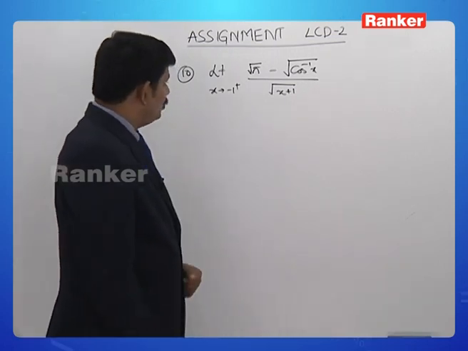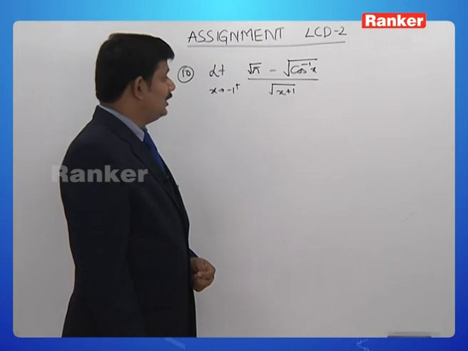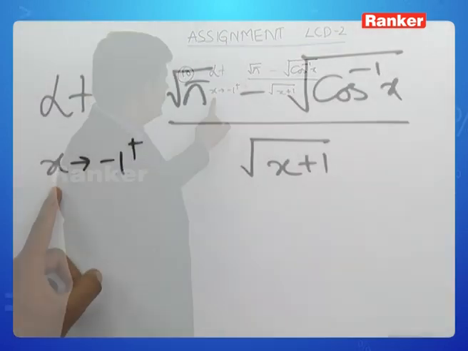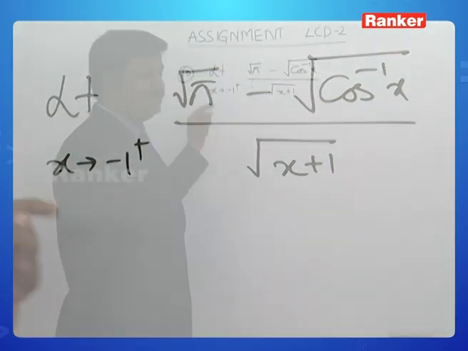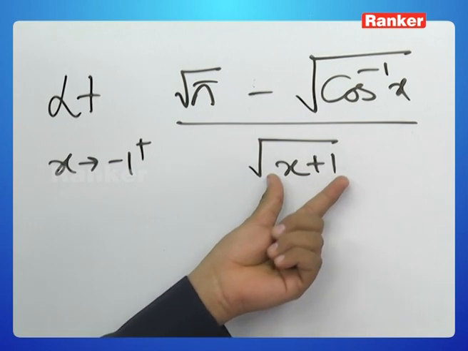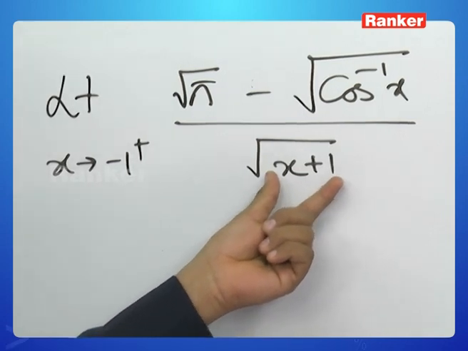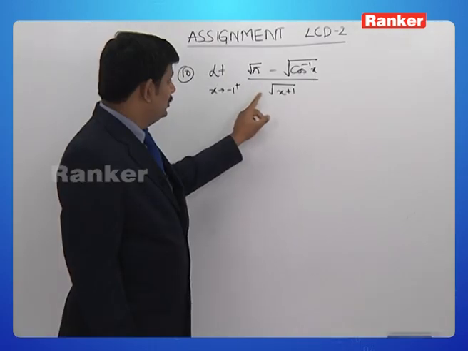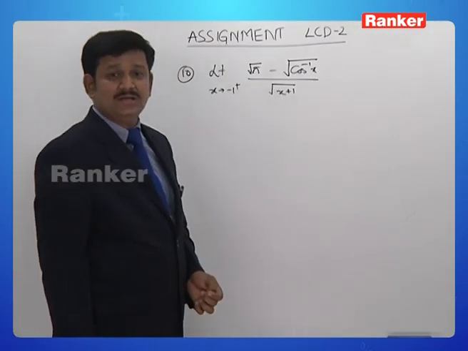Again, to evaluate this limit, we can approach in numerous ways. Before that, let us understand what this limit is all about. As x tends to minus 1 plus, x plus 1 would be 0 and x is slightly greater than minus 1. So x plus 1 will be slightly greater than 0.